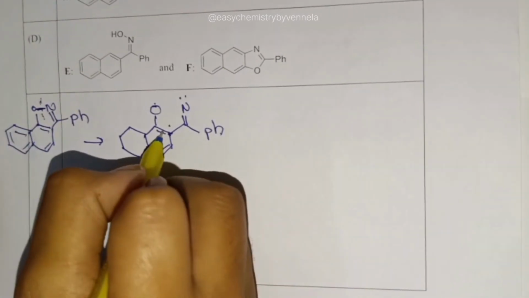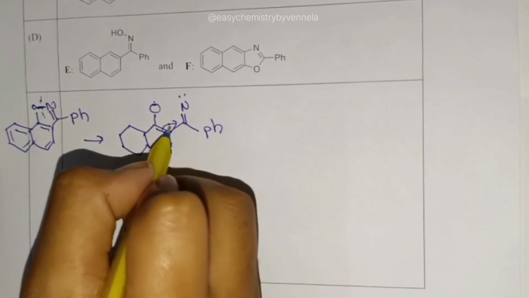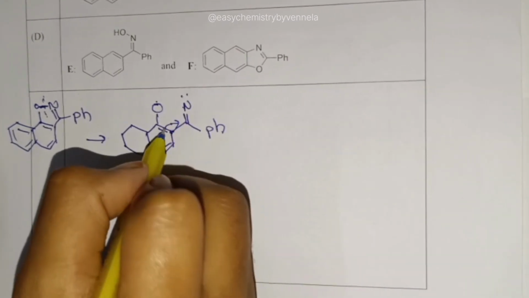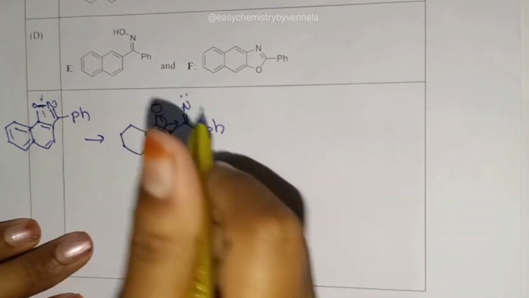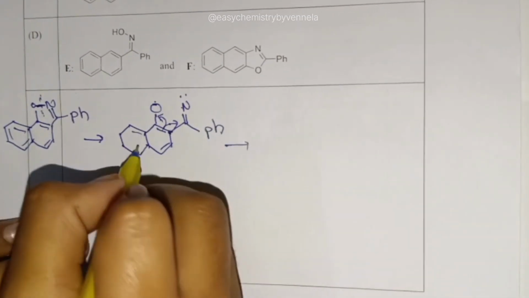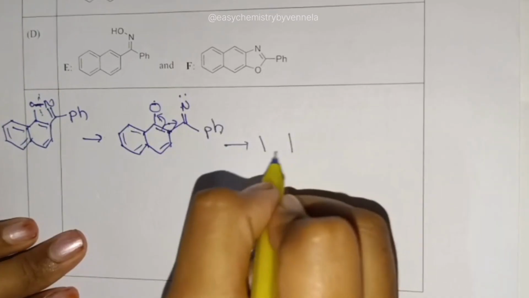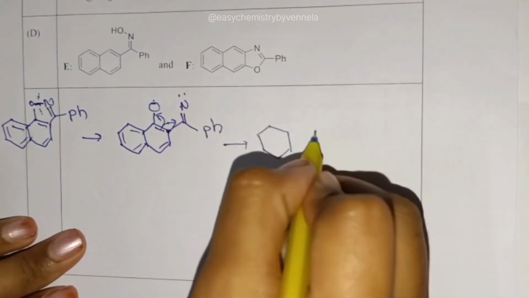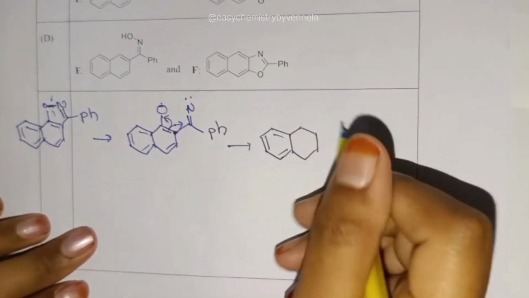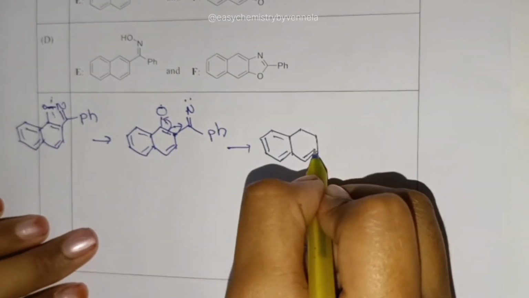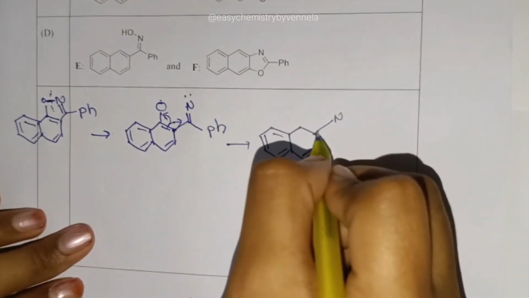This bond breaks. One bond will form a carbon nitrogen bond and another can form a double bond. Next, here a bond is already present. Here a nitrogen carbon bond is there.